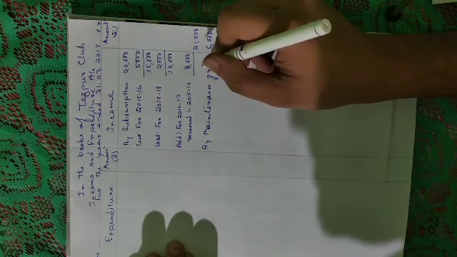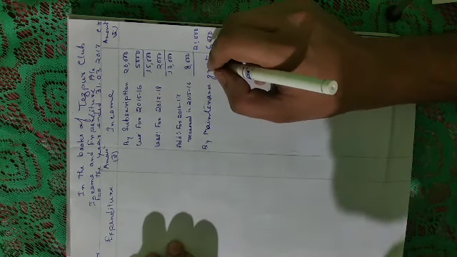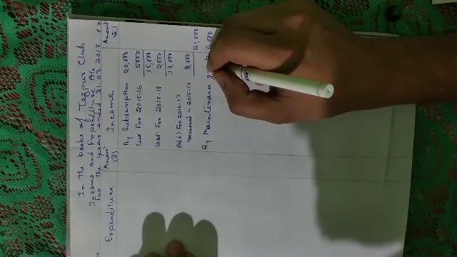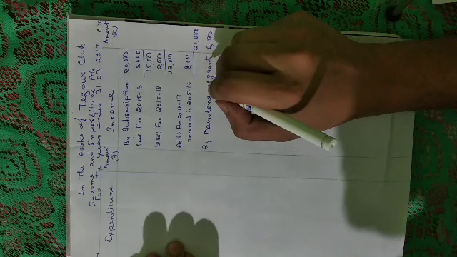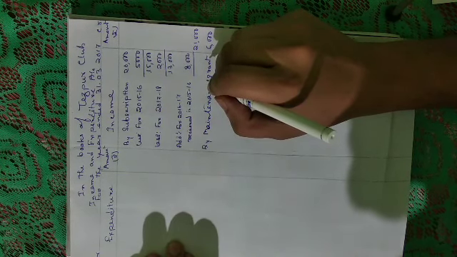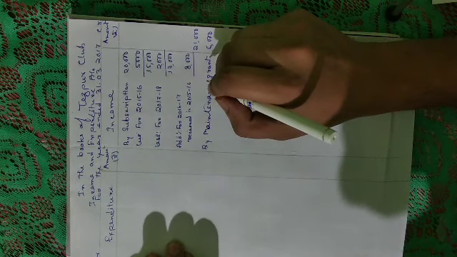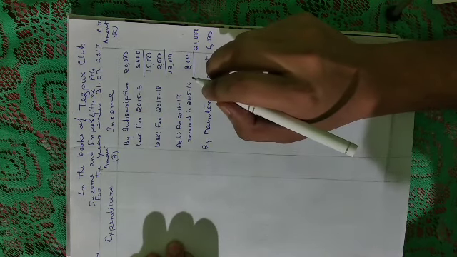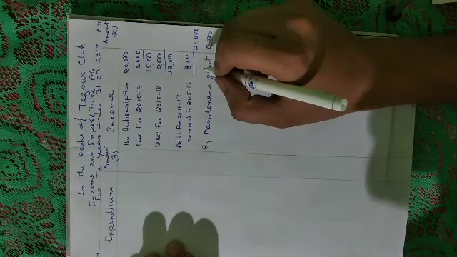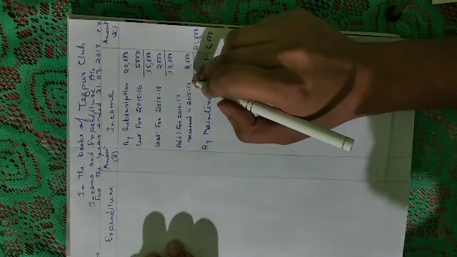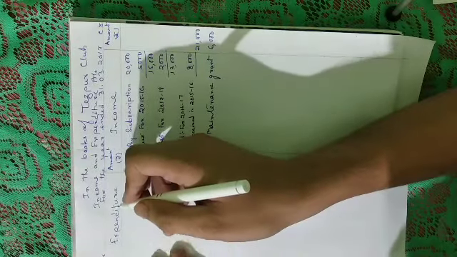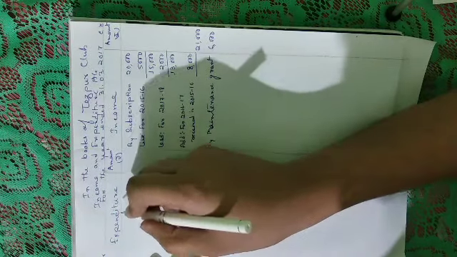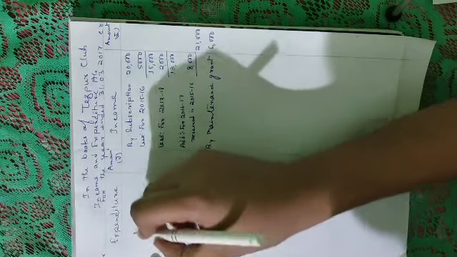Next, capital grant, that is capital. Sale of furniture is rupees 1,000, and in the additional information it is given that the book value of furniture sold on the date of sale was 1,500. That is, the book value of the furniture was rupees 1,500 and it is sold at rupees 1,000. That is a loss, and losses and expenses come under the expenditure side.